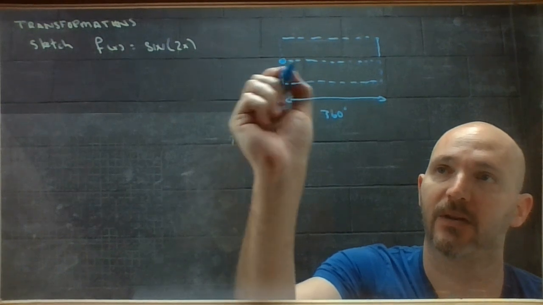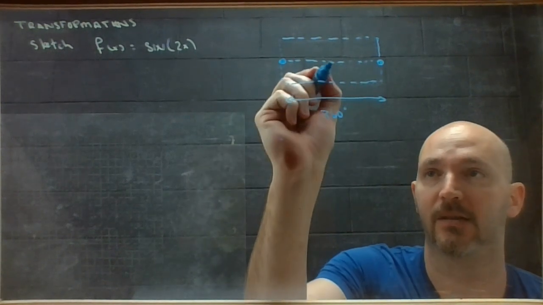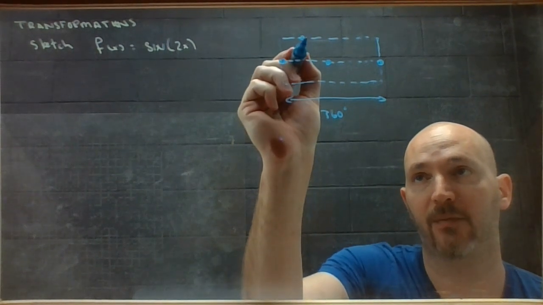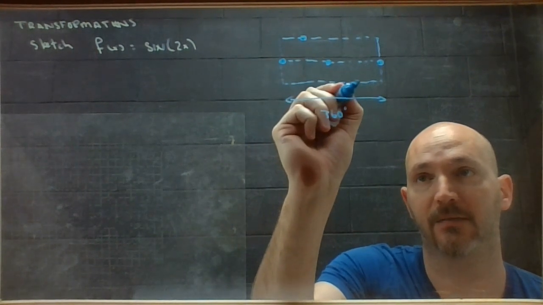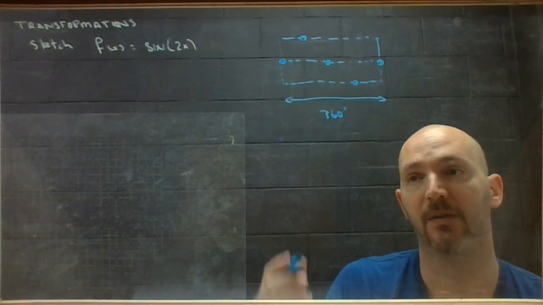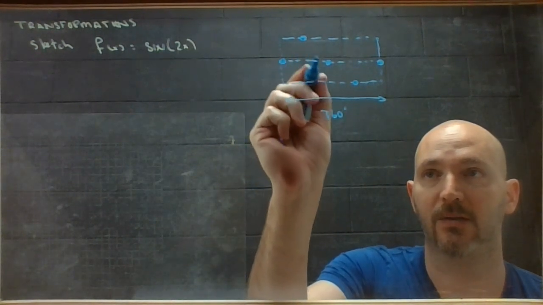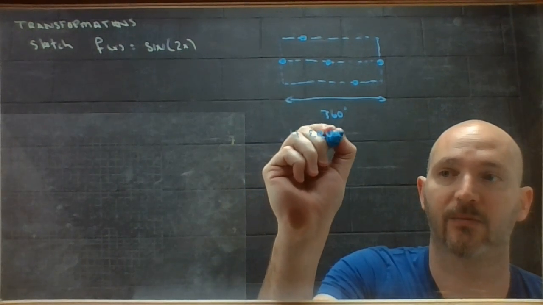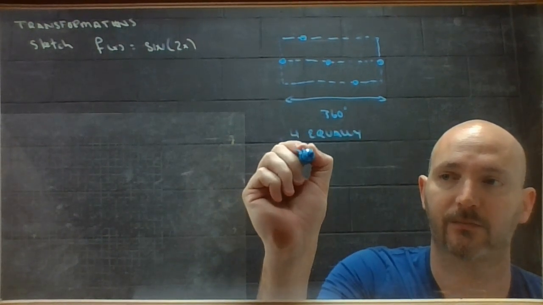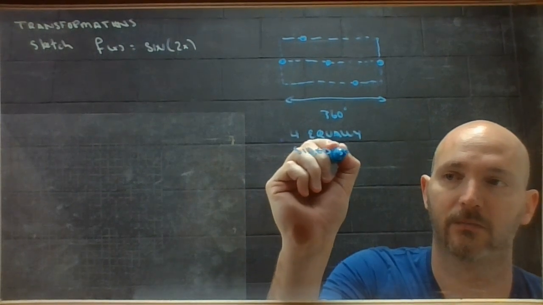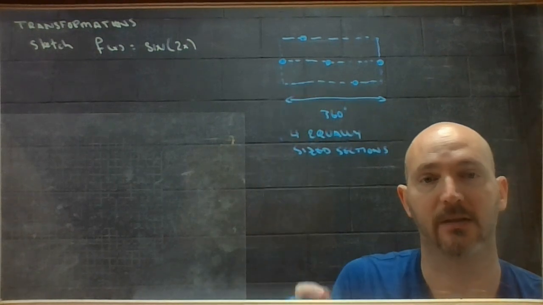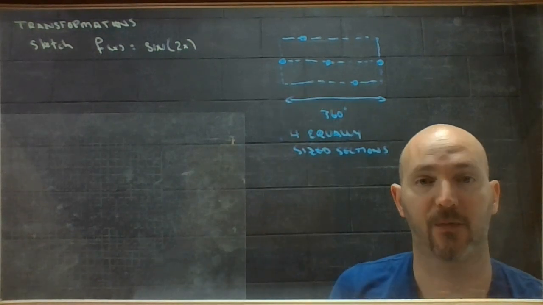It zeroes out on both ends and zeroes out dead center. It has a peak halfway between those and a trough halfway between those. So you end up with 1, 2, 3, 4 equally sized sections. So once you draw this box, you just have to cut it up into 4 bits.